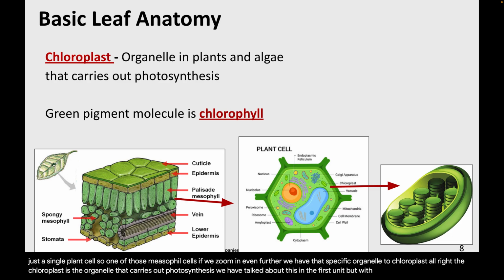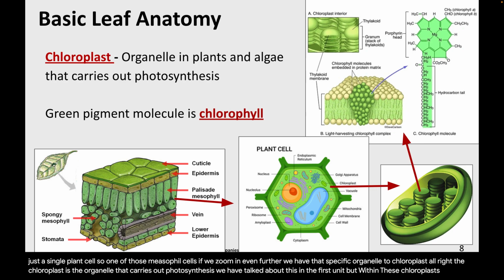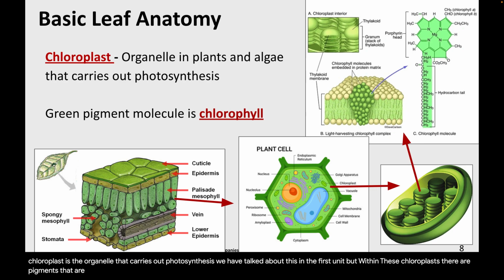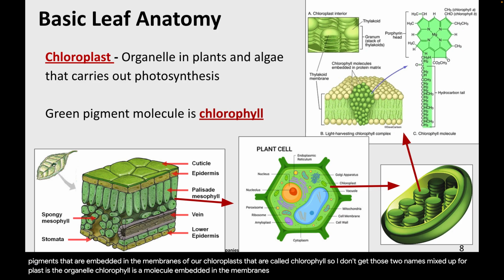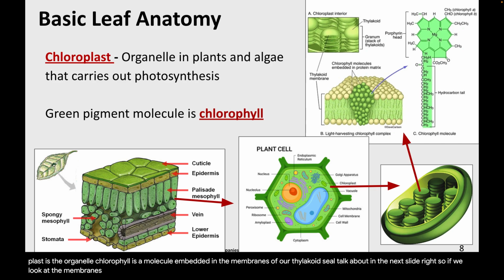But within these chloroplasts, there are pigments embedded in the membranes called chlorophyll. So don't get those two names mixed up. Chloroplast is the organelle. Chlorophyll is a molecule embedded in the membranes of our thylakoids, which we'll talk about in the next slide. If we look at the membranes, all of these little green dots clustered together are chlorophyll molecules.